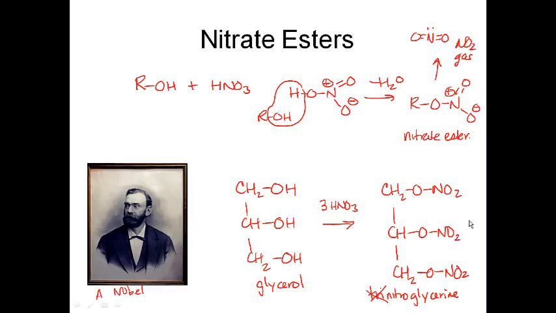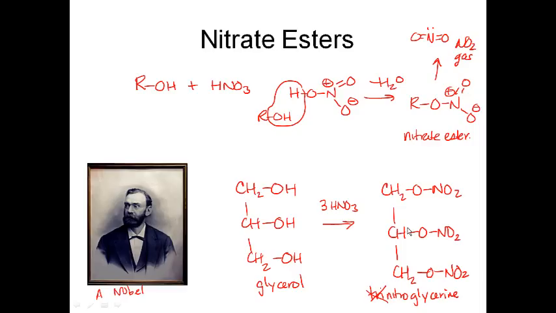But anyway, Nobel turned glycerin into nitroglycerin, and then what he found was that if he put this in diatomaceous earth, which is the Celite that we used last semester in lab, it was much more difficult to detonate, but still could be detonated. He made them into sticks, and hence dynamite was made.